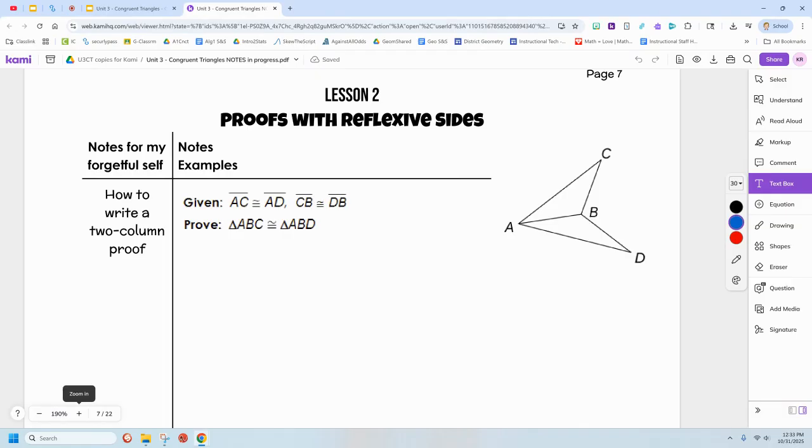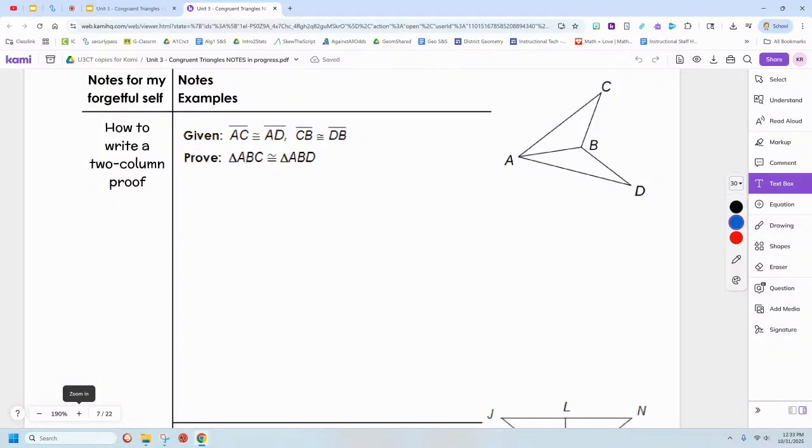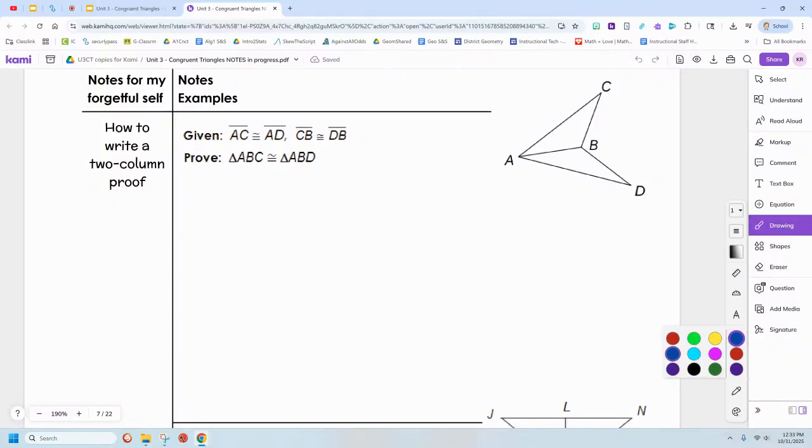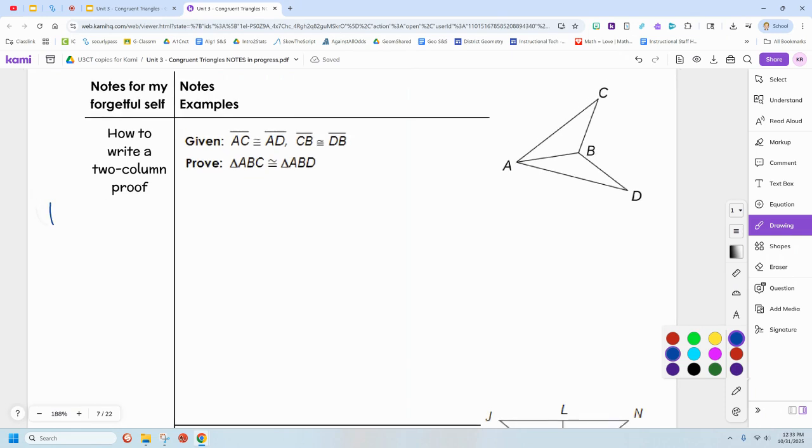So the first thing is how to write a 2-column proof. 1. We're going to, I gotta move that. Set up a statement reason table. Sometimes it's called a 2-column proof.